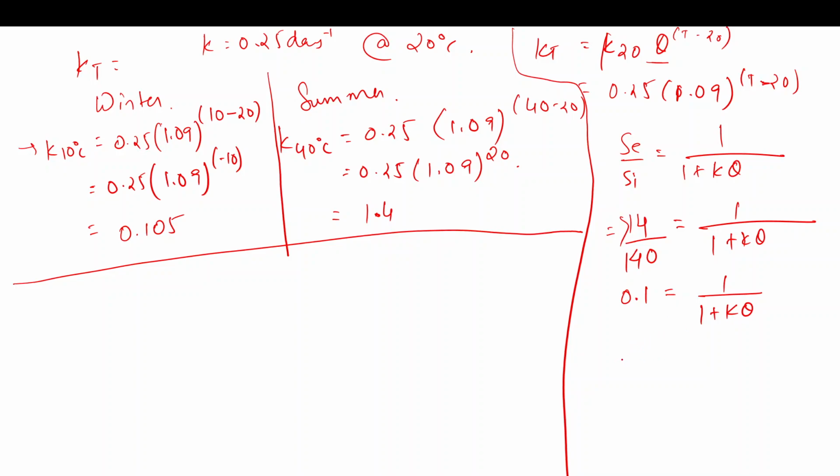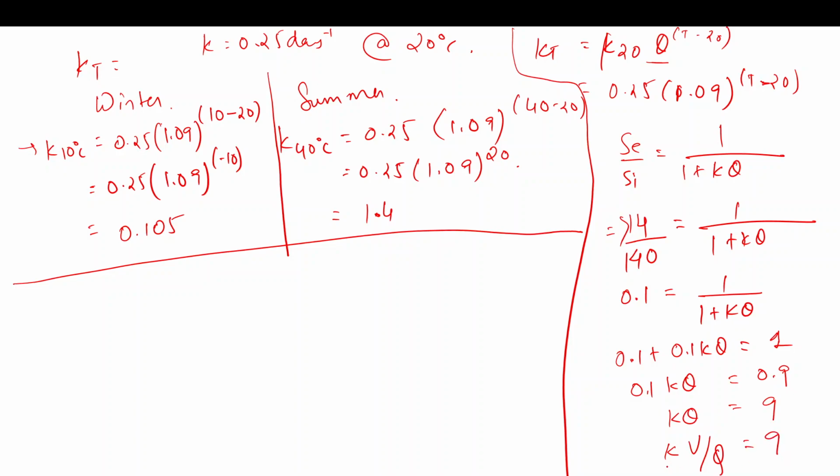If you cross multiply, 0.1 plus 0.1 K theta equals 1. Simplifying further, 0.1 K theta is 0.9. On dividing, 0.9 by 0.1 is 9. So K theta is 9, which is K V by Q equals 9.